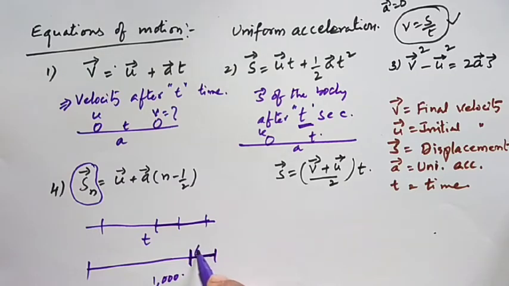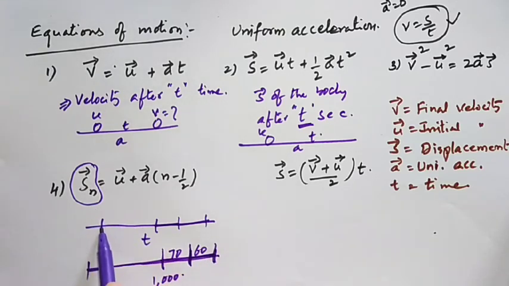It may be 50 or 60. How many the day before yesterday? It may be 70. So this value is changing. We are calculating for the total days and also for a particular day. Similarly, displacement for total time t, and displacement for a particular second.